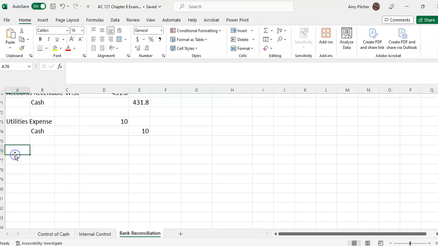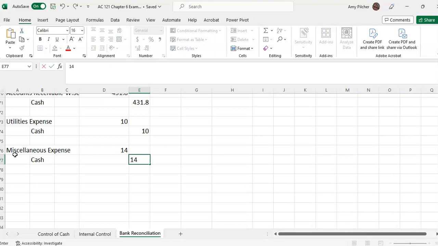Okay. And then the last one is recording that $14 service fee. So we have miscellaneous expense for $14 and cash out for $14.